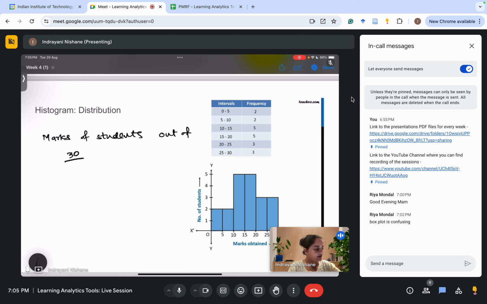What we did is we divided the entire range into different bins of 5 marks each, starting from 0 to 5, then 5 to 10, 10 to 15, 15 to 20, and so on till 30. And now we calculated in each bin how many students are there, and came up with this table.